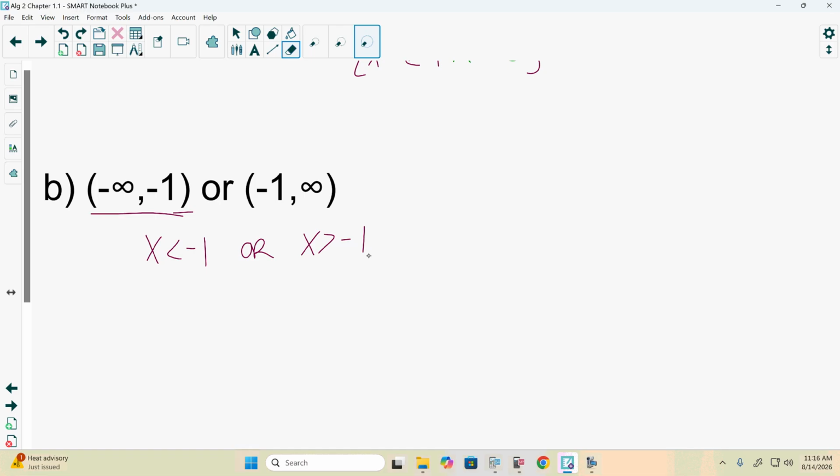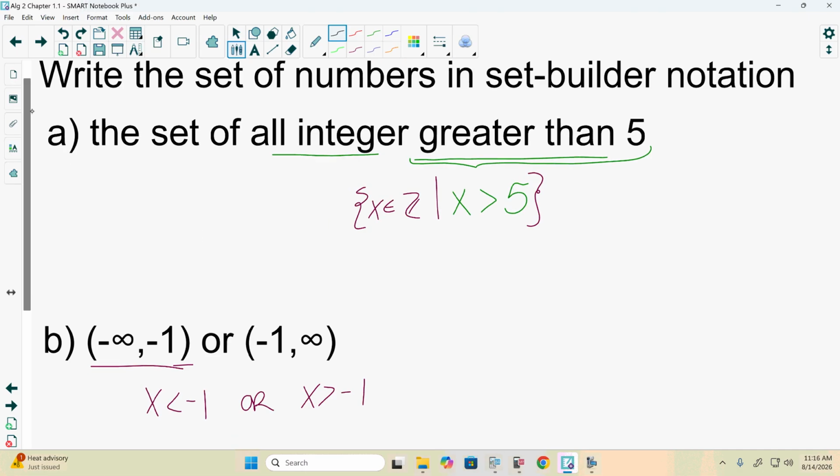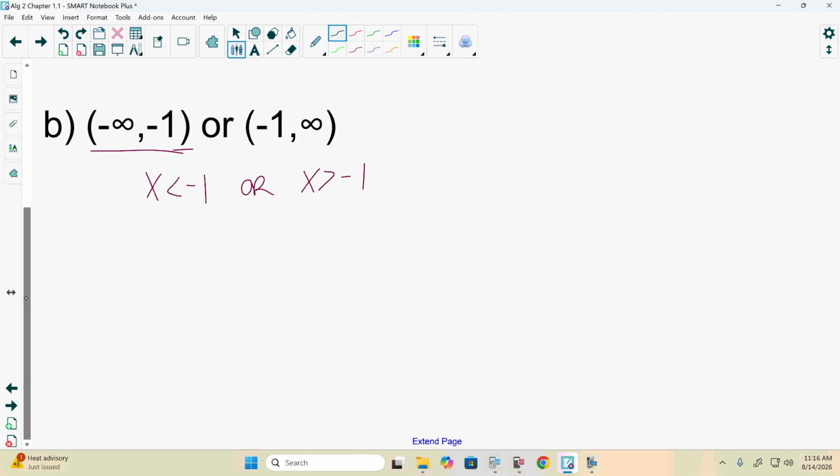Now we need our braces. We need the rest of it. Did it tell us what number types we're working with? No and yes. Anytime it just gives us intervals, we're talking about all the real numbers. We're not excluding anything, which is nice, which means the first part is just brace X bar. When we're talking about all the real numbers, it's just brace X bar, the set of all real numbers such that X is less than -1 or X is greater than -1.